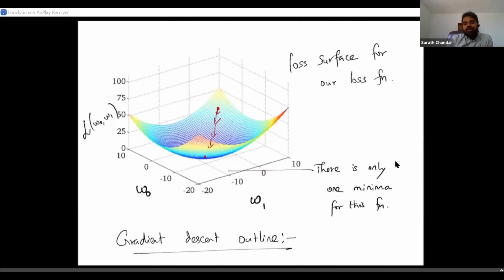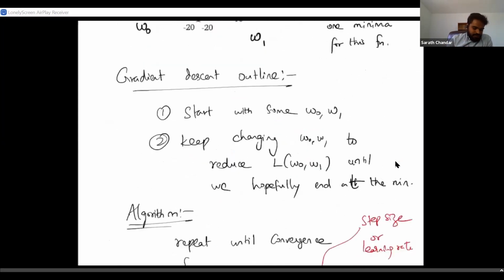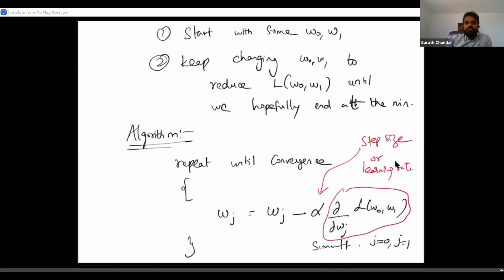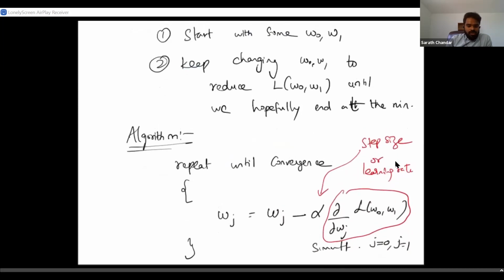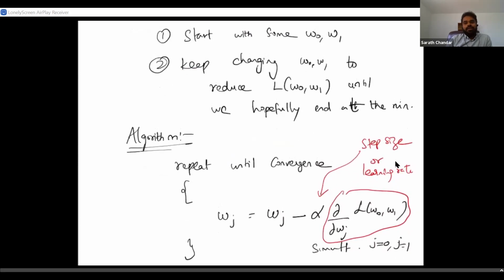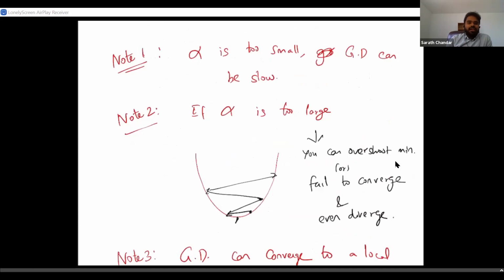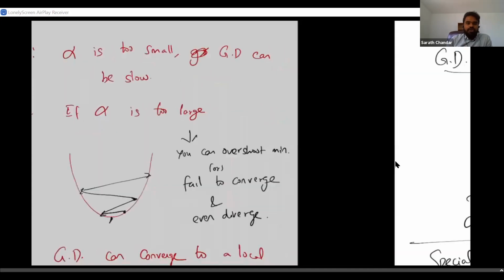The negative of the gradient tells you the steepest descent you could take, and you have a learning rate, which decides how far your step is. So for every parameter w, you update it as w equals w minus the learning rate times the gradient. We discussed the issues with the learning rate and how to do full gradient descent.